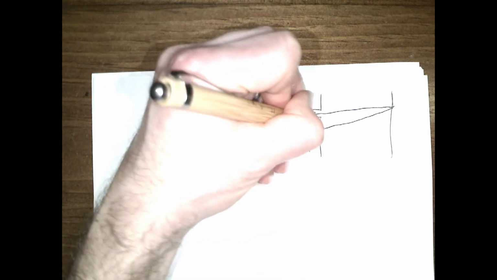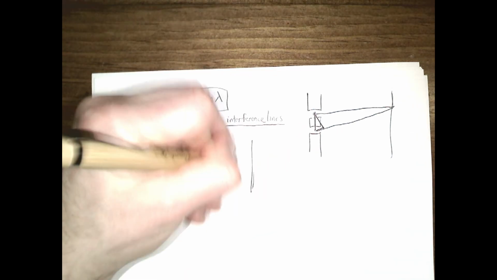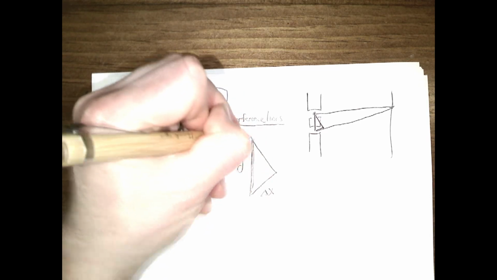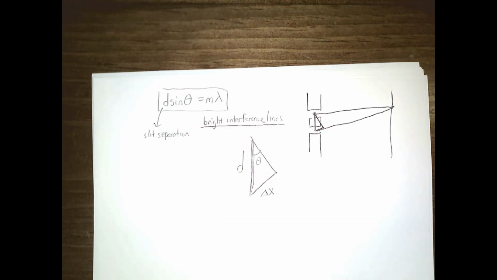We're still looking at a path difference from one slit to the other. We're still building a triangle, looking at the path difference. If these are roughly parallel, then the path difference is the bottom here. So now we have d there as the hypotenuse of our triangle, delta x, and sine theta.